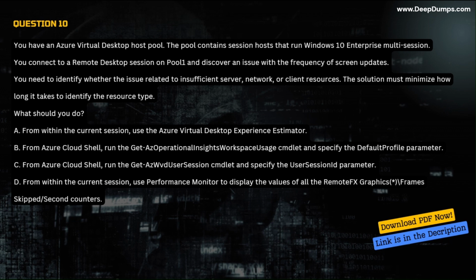B. From Azure Cloud Shell, run the Get-AzOperationalInsightsWorkspaceUsage cmdlet and specify the default profile parameter. C. From Azure Cloud Shell, run the Get-AzUserSession cmdlet and specify the user session ID parameter. D. From within the current session, use Performance Monitor to display the values of all the RemoteFX Graphics, *, Frames Skipped / Second counters.